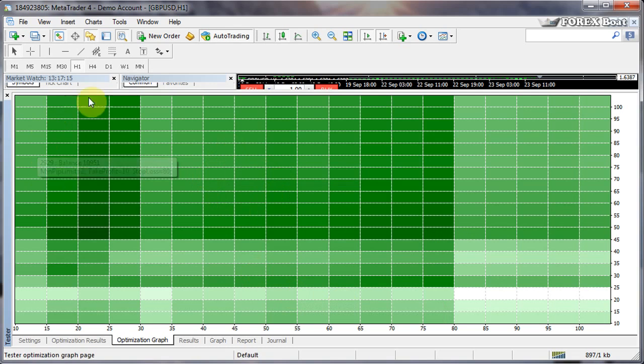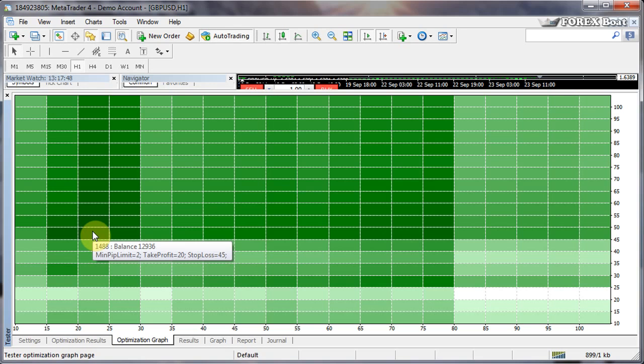And once again we see a similar picture. However, now each block of this matrix represents not only one but a stack of backtests, and the color shows you the best out of them. So here you will see all the backtests that had take profit 20 and stop loss 45, and in reality there were actually 10 of them, because there were 10 backtests with different min pip limits.